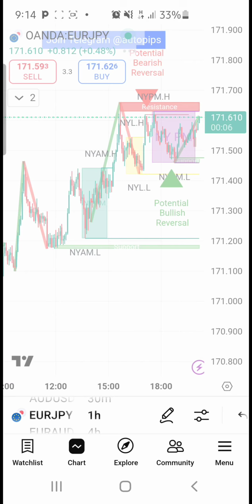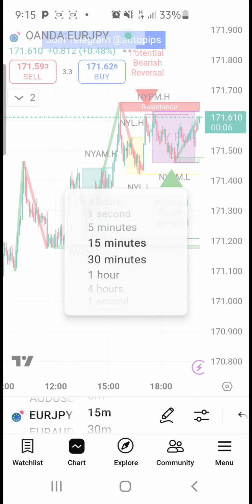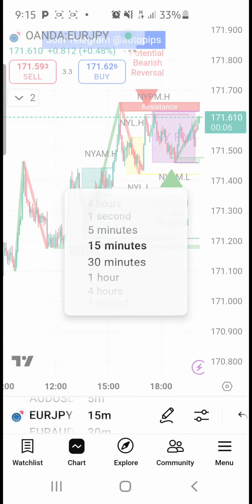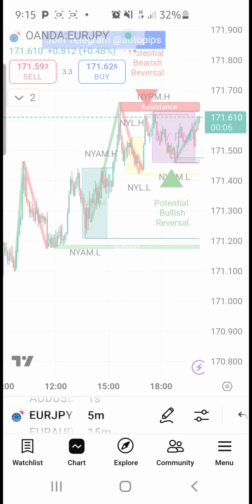The maximum you should be using should be an hour's time frame, though I prefer using the 30 minutes time frame myself. The 30 minutes to look for a confirmation, and then I use the smaller time frame, maybe the 5 minutes, to make my entry.